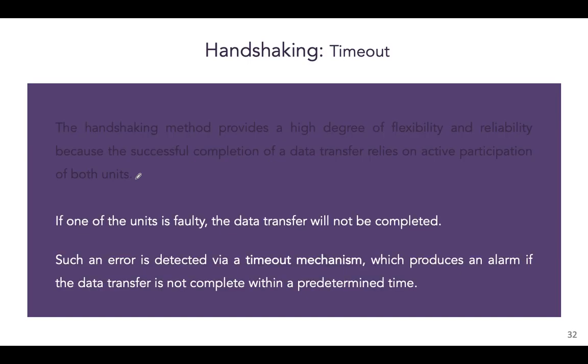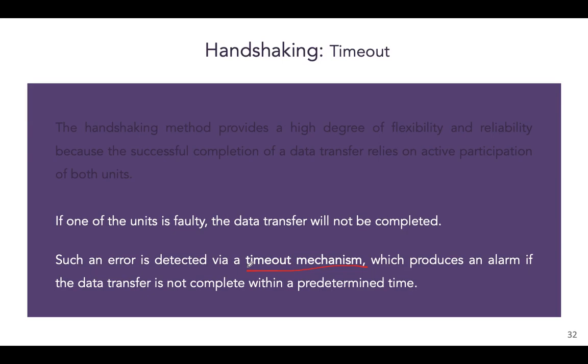Now, if one of the units is faulty, the data transfer will not be completed. And such an error is detected via a timeout mechanism. So a timeout mechanism is important. Otherwise, both units will wait forever. They will wait indefinitely if a sender is sending some data to the receiver and the receiver is faulty for some reason, so it's unable to receive the data.